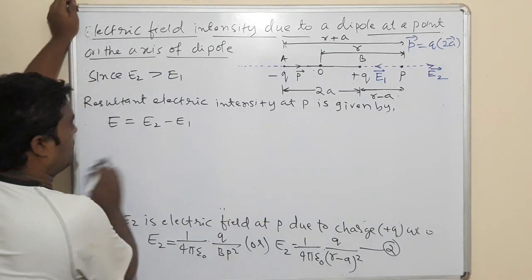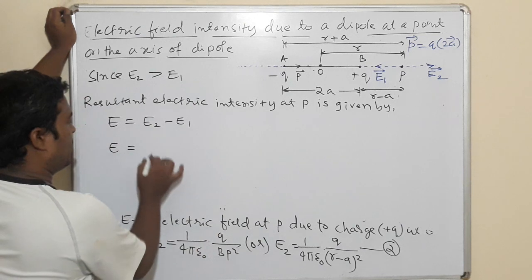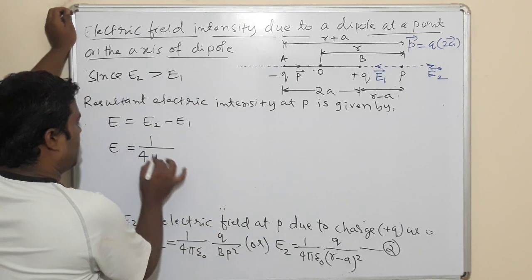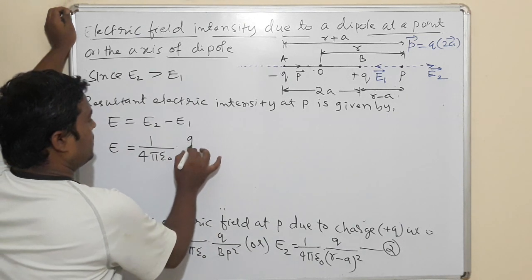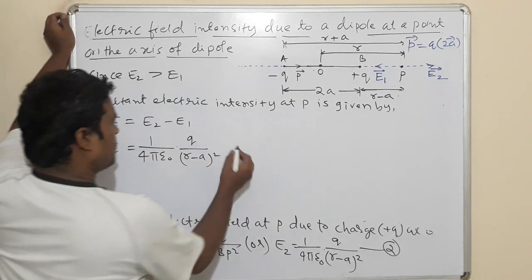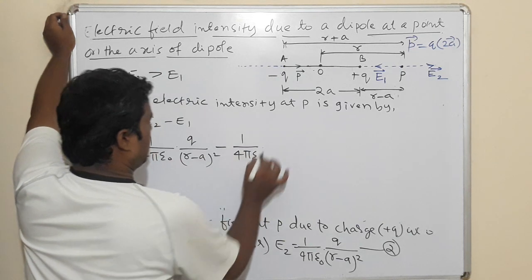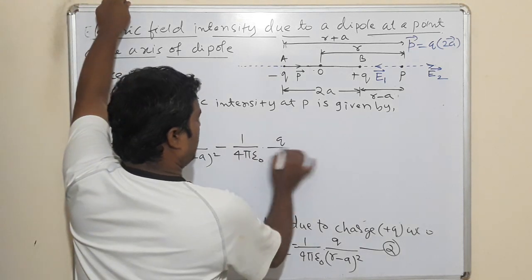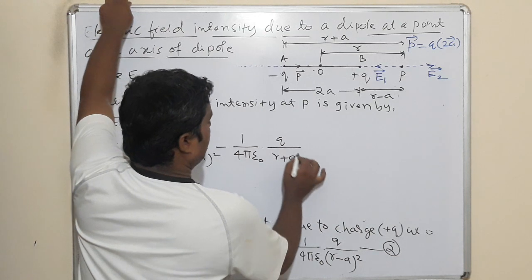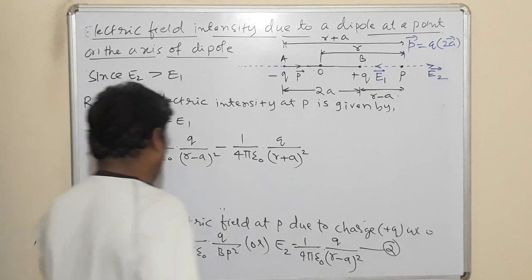It is very simple. Now, net field E will be equal to, what is E2? 1 by 4 pi epsilon naught Q divided by R minus A whole square, minus, what is E1? 1 by 4 pi epsilon naught Q divided by R plus A whole square, and some simple calculation is here.